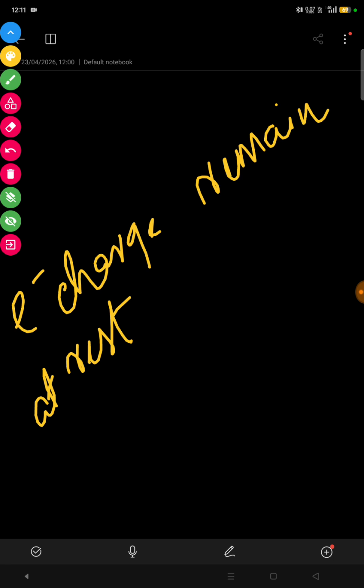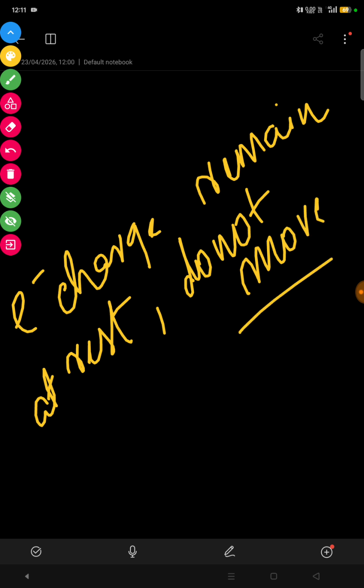The one which gains electron becomes negative charge. The one which loses electron becomes positive charge. So these electric charges which are formed remain at rest, or stationary, and they do not move. There is no motion in the charge. That is what happens in case of static electricity.